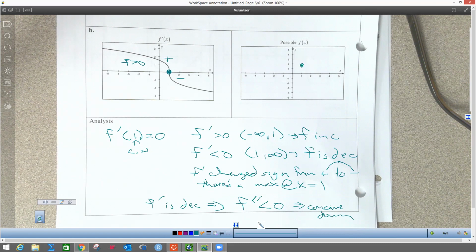It's concave down everywhere because it's decreasing over the whole thing. And if you look, we're increasing to the left. So I got concave down, so I'm going to do this, and then concave down, I'm going to do this. This gives me the decreasing on that side. So there's a possible graph. Does that help you understand where everything's coming from?